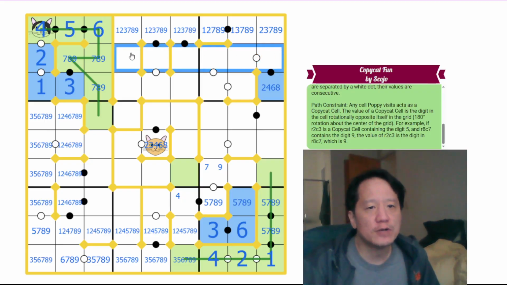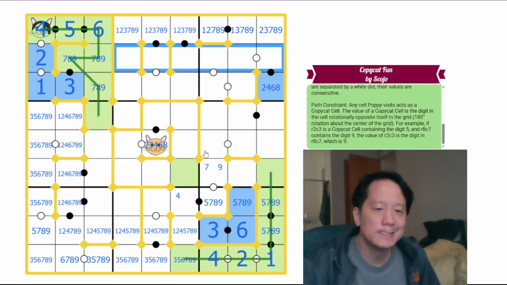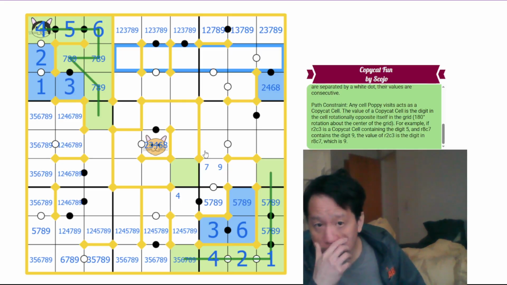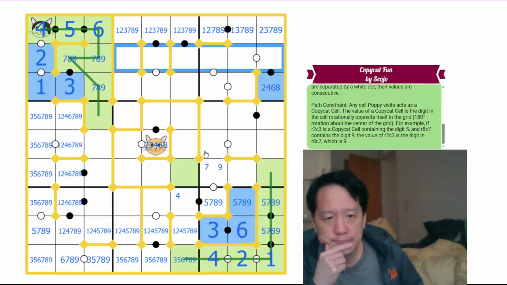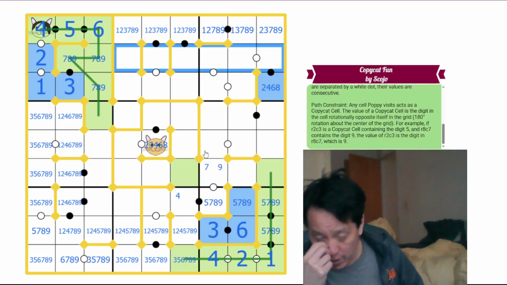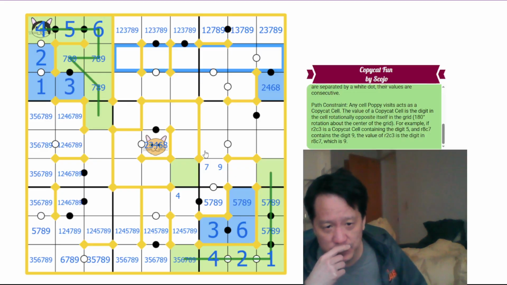What about if we try row 2? Consecutive 1 is not as interesting to do. The black Kropke dot is more limiting for the most part.